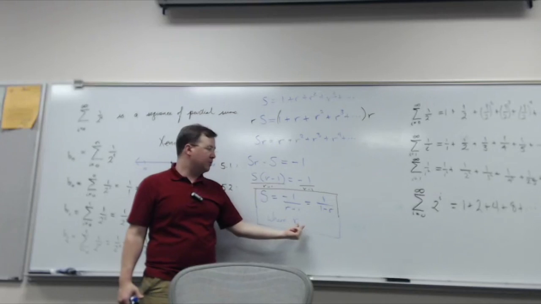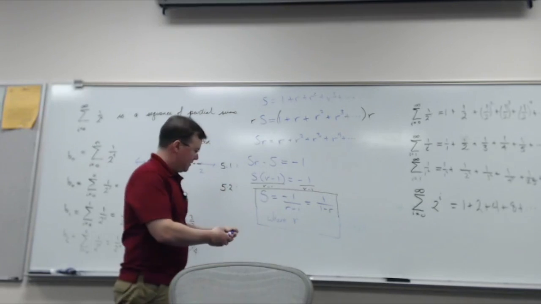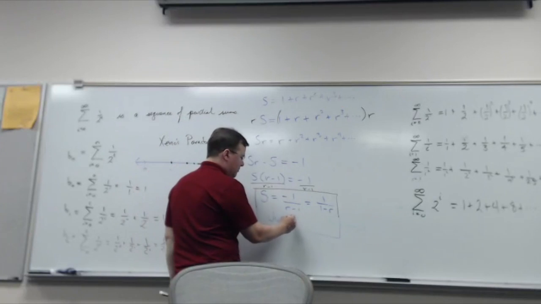And this is arguably the most important part of the formula, right? It turns out the way you're going to see it in the book is like this. Notice that by writing it this way, I'm allowing for r to be negative, right?